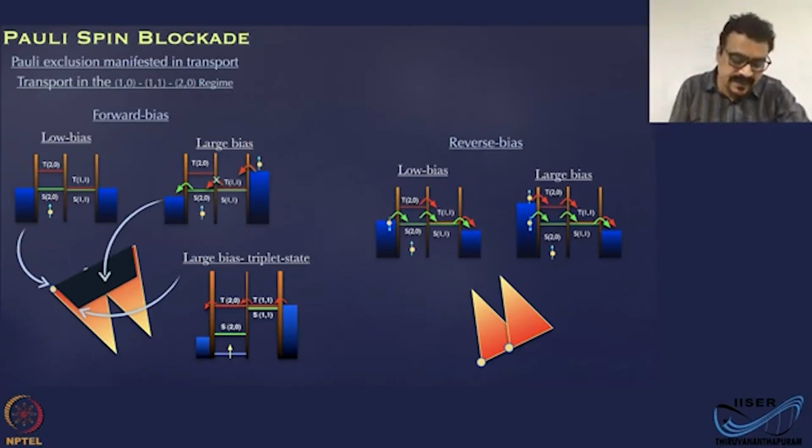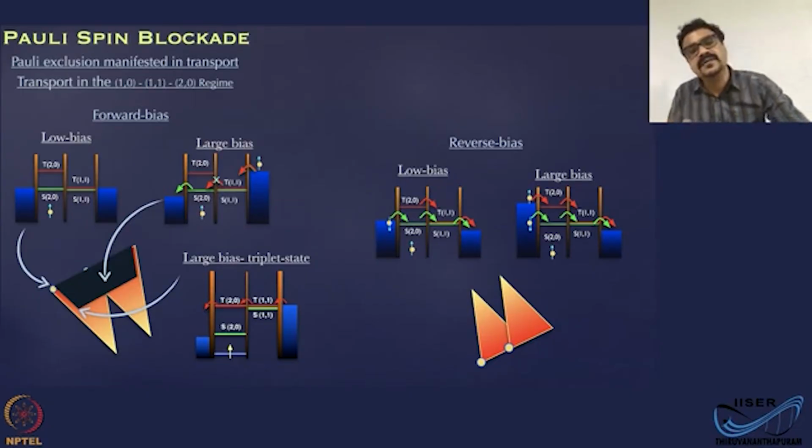It is the manifestation of Pauli's exclusion principle in transport property and happens in a tunnel coupled few electron double quantum dot system in the transport regime of 10, 11, 20.